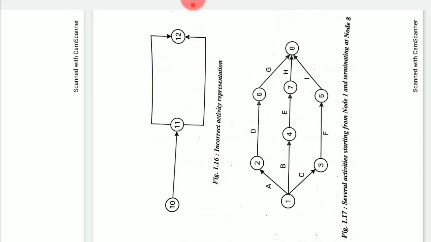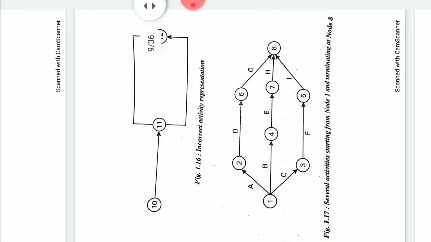It means 10th, 11th, 12th, like that. So the arrow which is shown from 10 to 11, this is the correct format of writing the network. And the arrow mark which is U-shaped, connecting the 11th to 12th node, is not supposed to be written like this. This is the incorrect format.